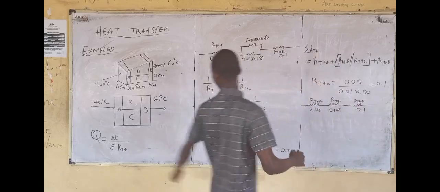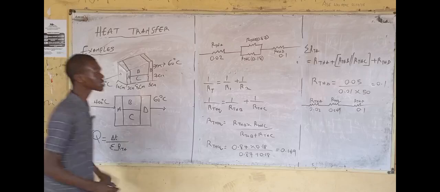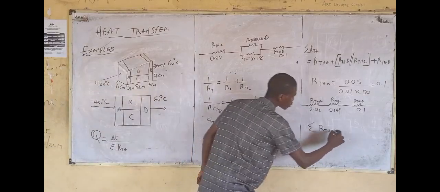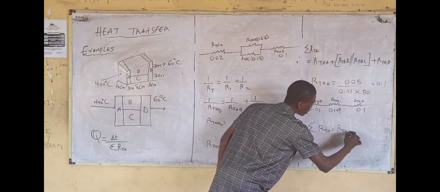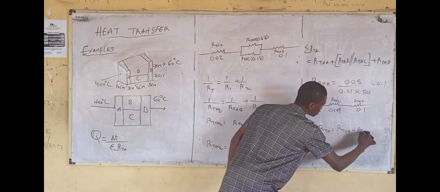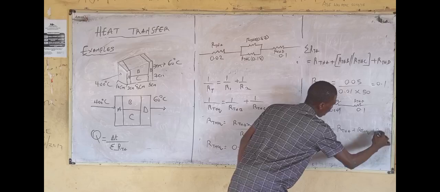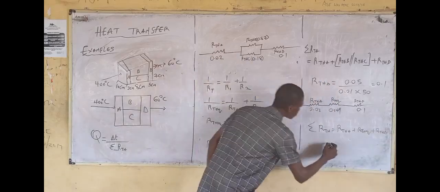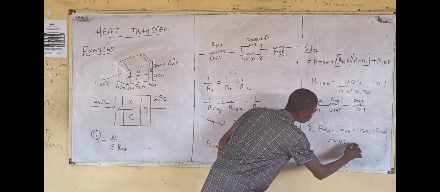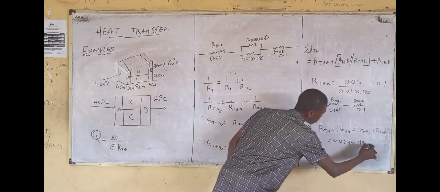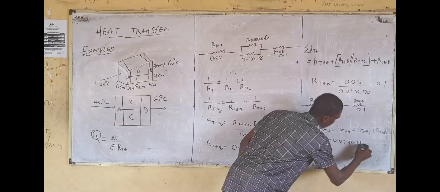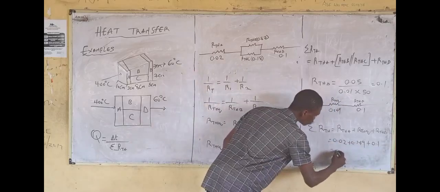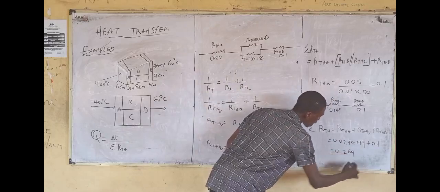Then this is still RTHD. Hence, the summation of the thermal resistance is equal to RTHA plus RTHQ plus RTHD. Substituting the respective values, we have 0.02 plus 0.149 plus 0.1. What's the value? 0.269.